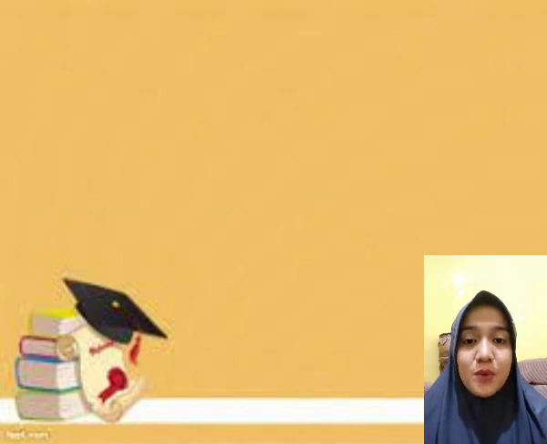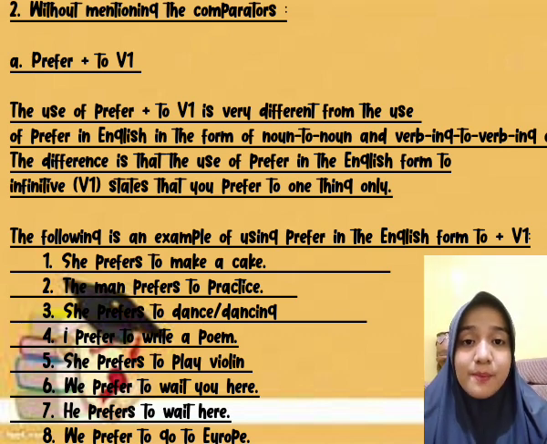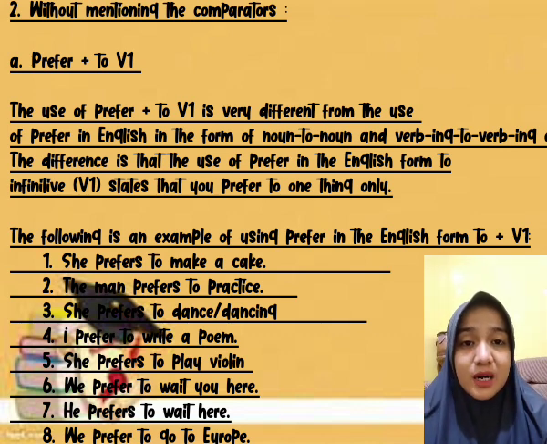2. Without mentioning the comparators. A. Prefer plus to V1. The use of prefer plus to V1 is very different from the use of prefer in English in the form of noun to noun, and verb-ing to verb-ing.